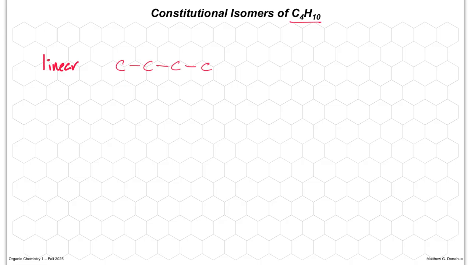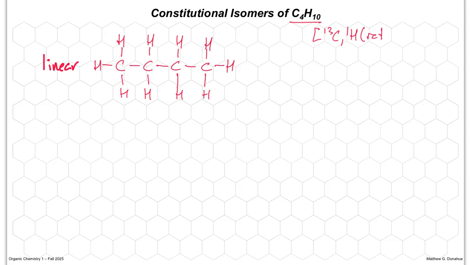And then we evaluate each carbon, count how many bonds it has, and then anything that's left over, we shove in a hydrogen atom. So that molecule is called butane.